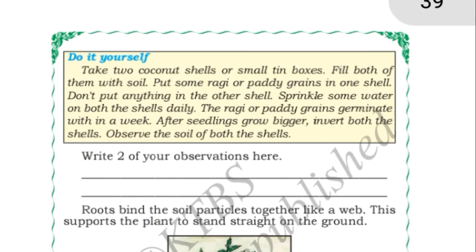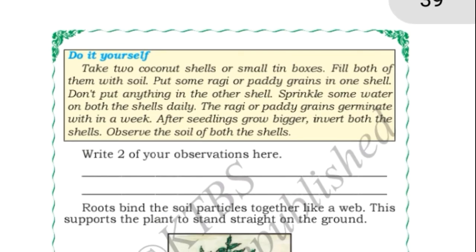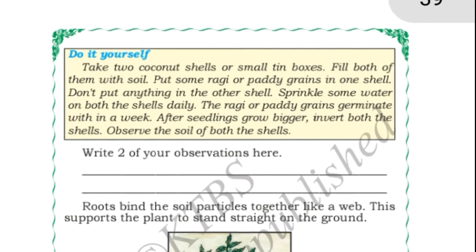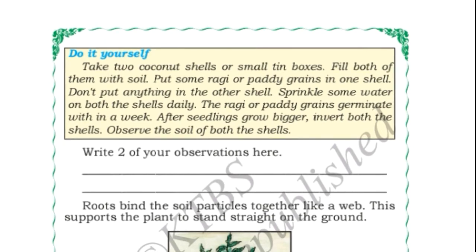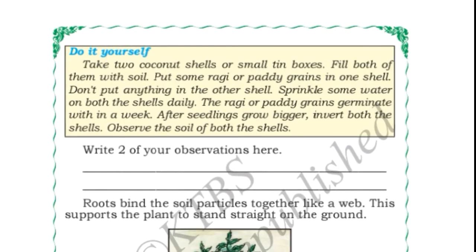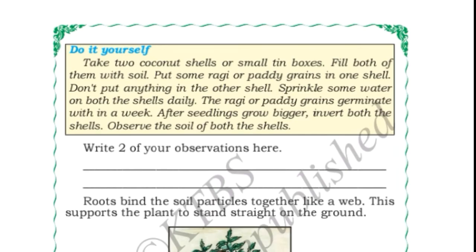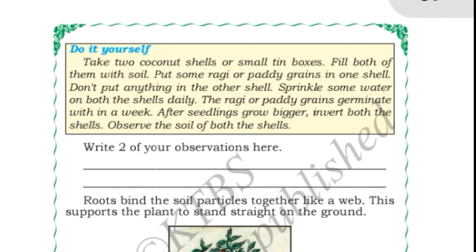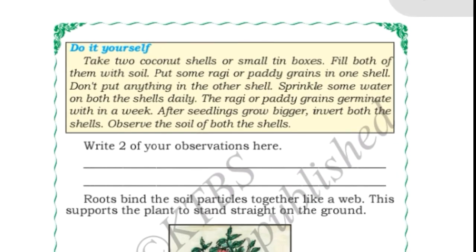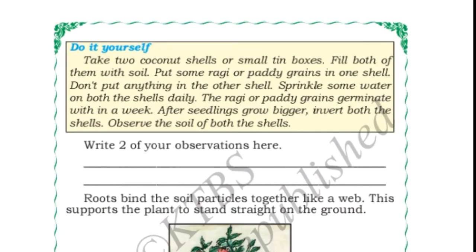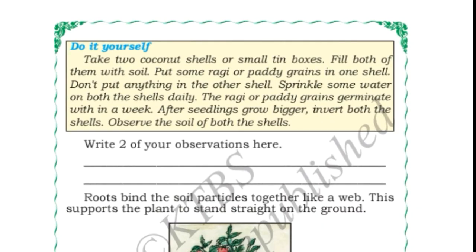The seeds which you have put there have become small roots, right? Then one more observation you can write. They have grown into small plants, small saplings, right? Those seeds have grown into small saplings after a week, right?